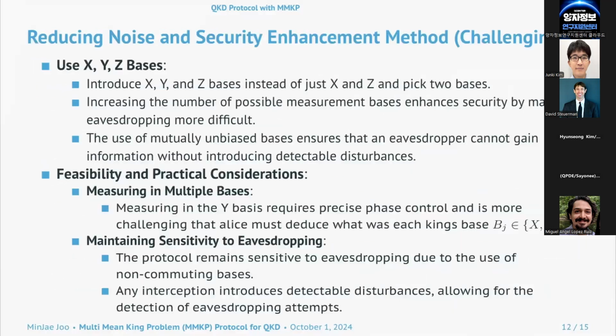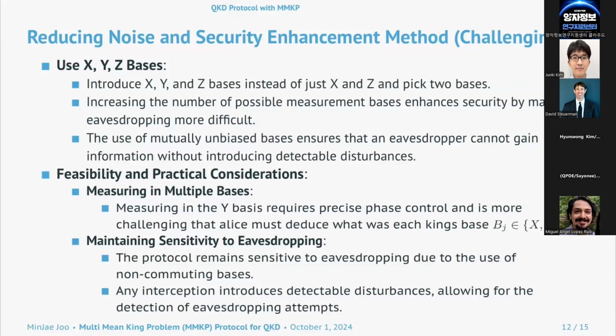I discussed methods for reducing noise and enhancing security in the protocol, as well as some of the challenges involved. One way to enhance security is by using the X, Y, and Z bases instead of using only the X and Z bases.